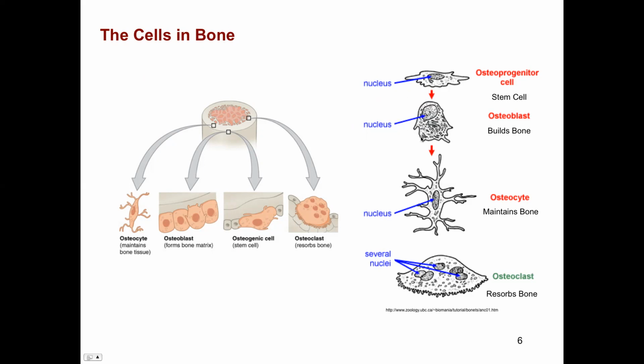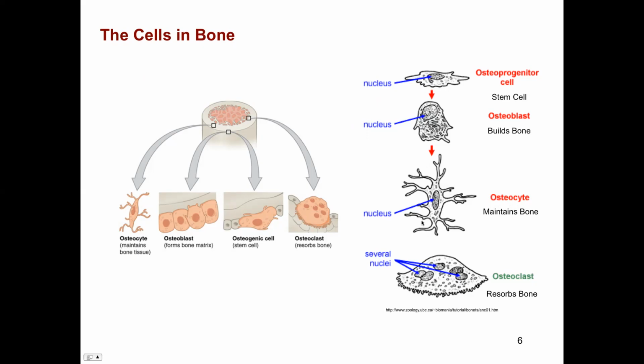Remember, this cell is building bone, so it's going to get trapped in the mineralization of the bone that it has created. It's going to stay there in those little lacunae, and then it is called an osteocyte.